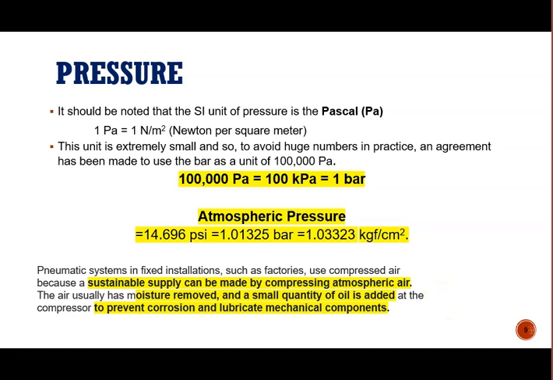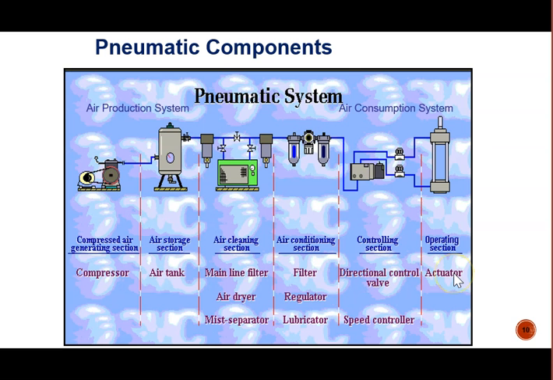So the compressor is the main component which you use to compress the air. And the reason you need a small quantity of oil is to prevent corrosion and also lubricate the mechanical components. Okay, these are the basic components. Okay, this part is for the air production.